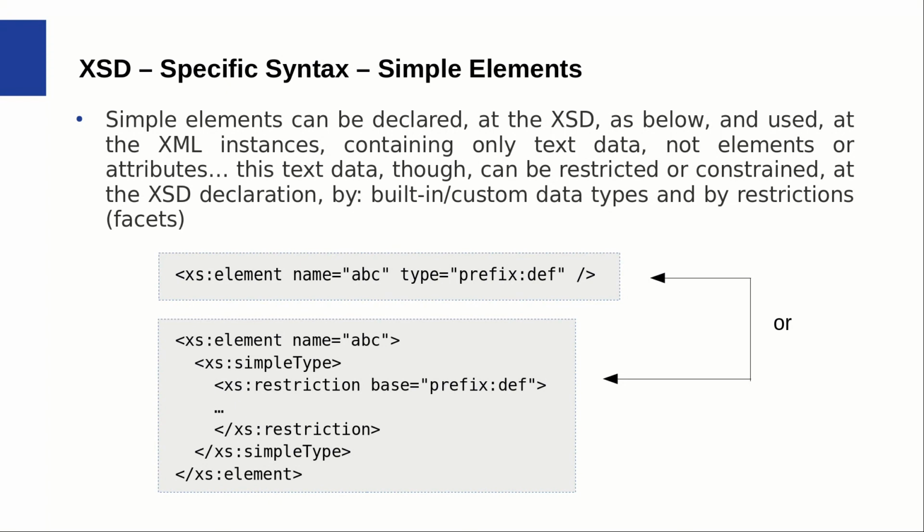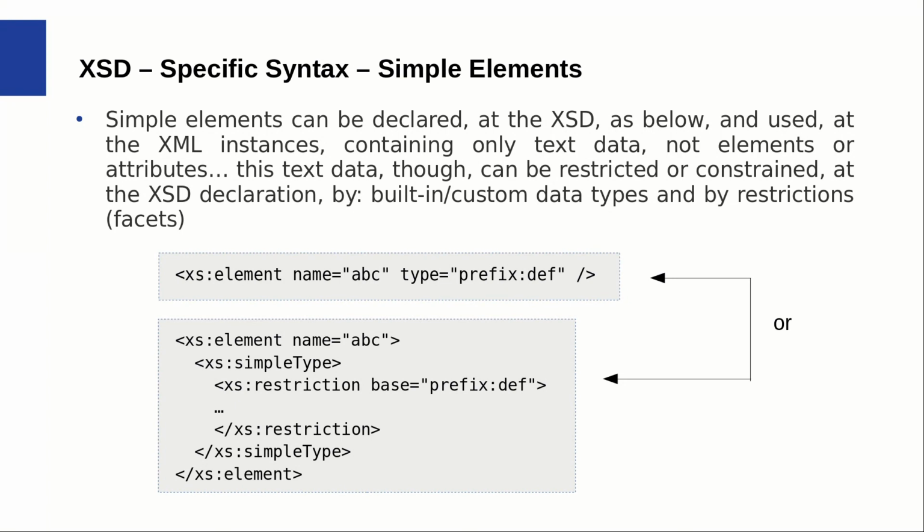So simple elements can only contain text data, cannot contain any elements nested inside, and also cannot contain attributes. So simple elements, regardless of what constraints we may apply to them, can only have as content text data or info data.